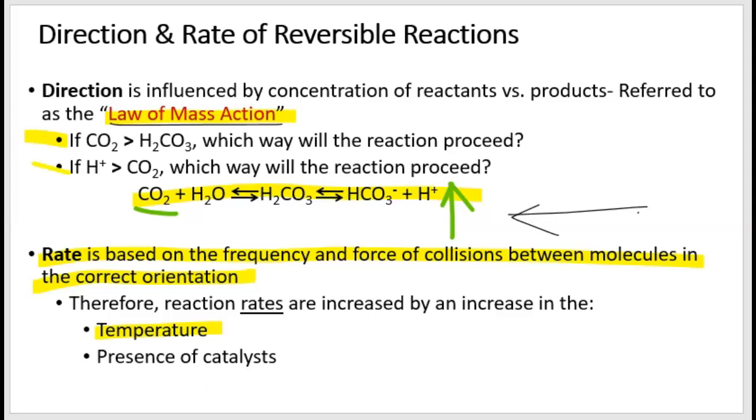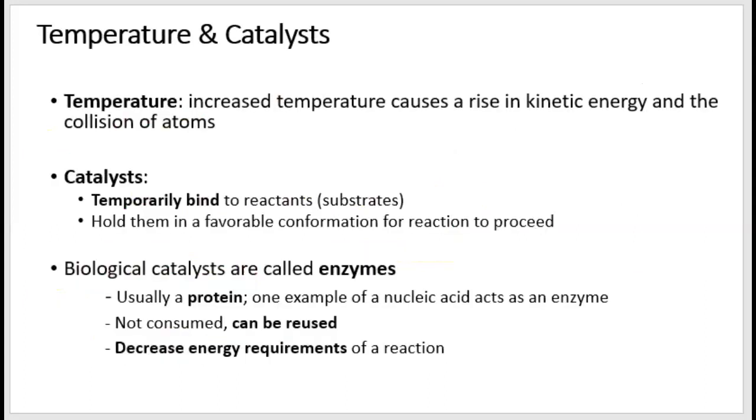There's also another thing that can cause a reaction to happen quickly, and that is a catalyst. In the body, catalysts are referred to as enzymes. A catalyst temporarily binds a reactant, usually two reactants, and holds them in a conformation that makes it quicker for the reaction to proceed.